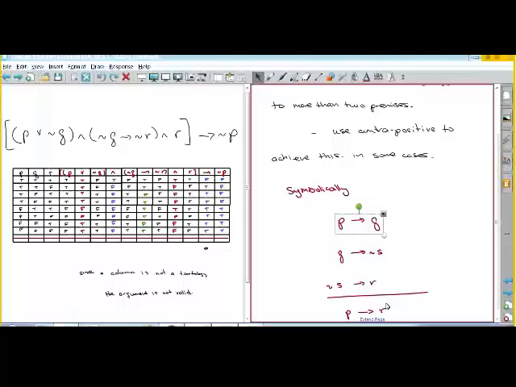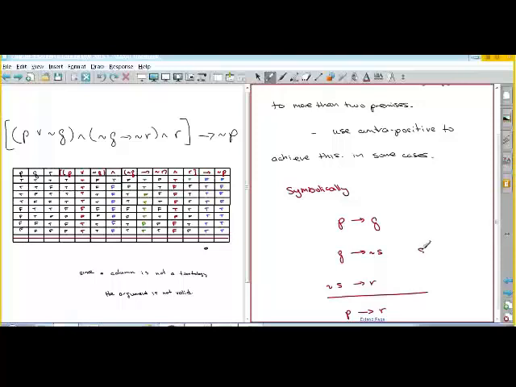But sometimes they don't come exactly in the order that makes it easy to cancel them out. So what you do is you can use the contrapositive. The way I'm going to explain that is, let me unerase it so I can make sure I do it correctly.